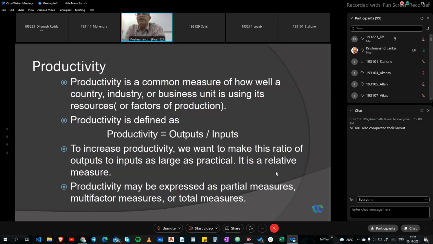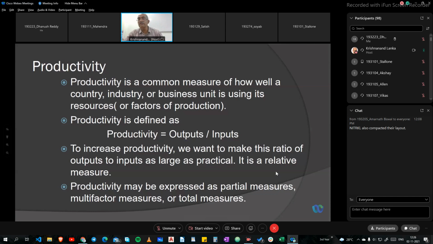One could be the average sales or revenue they get per square foot of the premises that they have hired. That means they are able to generate more sales for a given square foot of area they have rented. So productivity can be in various forms.